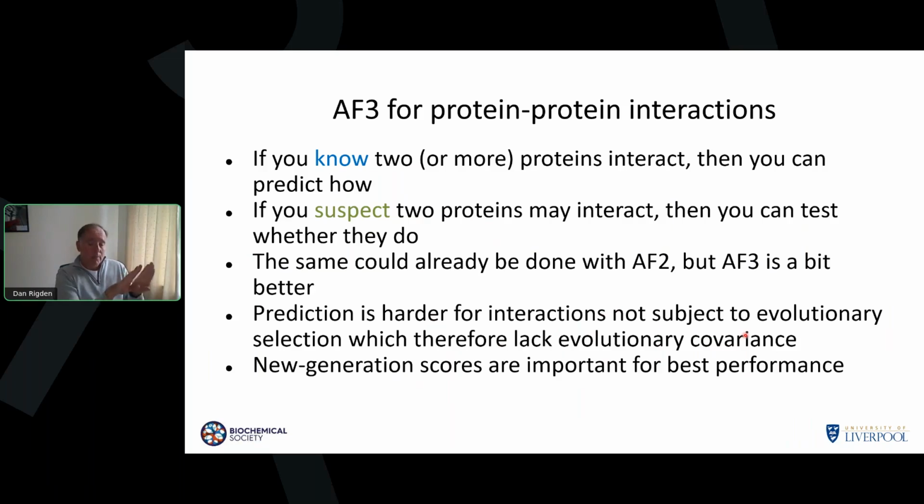You can extract intermolecular evolutionary covariance, which is very useful for driving the modeling to the right answer. And then I'll mention a bit later, the built-in scores for AlphaFold 3 are not actually ideal for hard cases of protein-protein interaction. So there are some new scores that have come along.